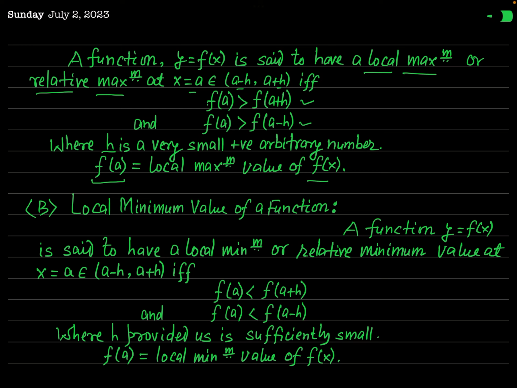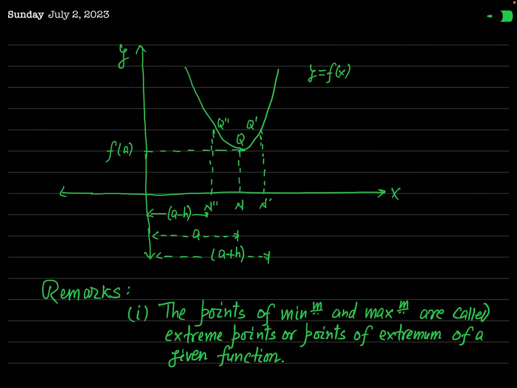Now, in a similar manner, you can understand what is the local minimum value of a function. For this, you can see this figure. Again, I have considered an arbitrary curve defined by the equation y equal to f of x, and I have considered three points.